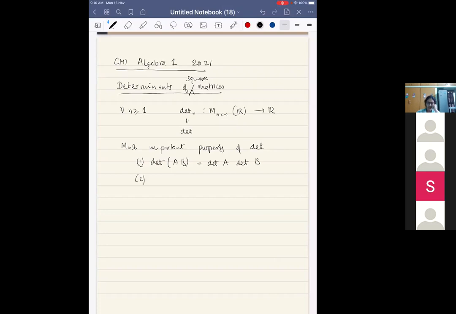Two, det A is non-zero if and only if A is invertible. And three, the determinant of the identity matrix is 1. So these are the most important properties of the determinant.